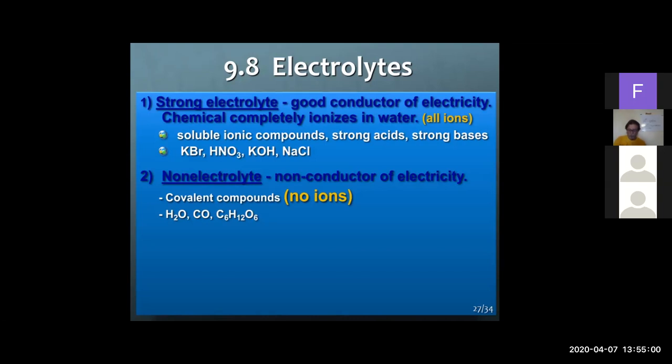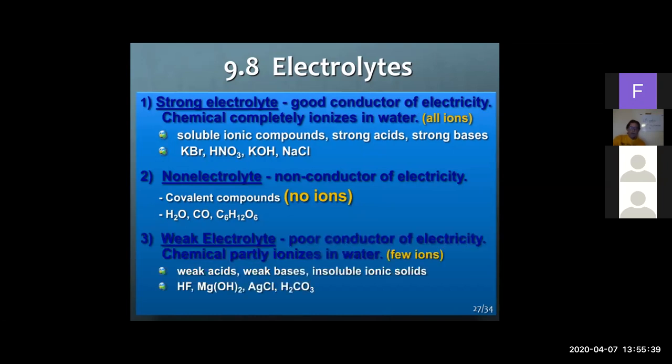C6H12O6 is the general formula for sugar. You put sugar in water, it does not dissociate into different components. It just goes in solution. So these are non-conductors of electricity because no ions are formed. If I were to put pure sugar in pure water, that solution would not conduct electricity, because there are no ions, no electrolytes.